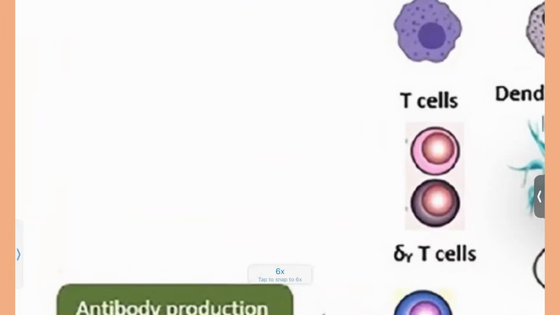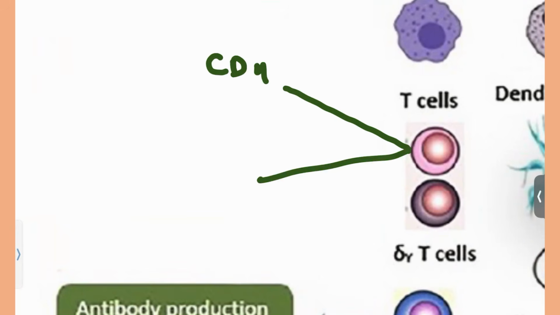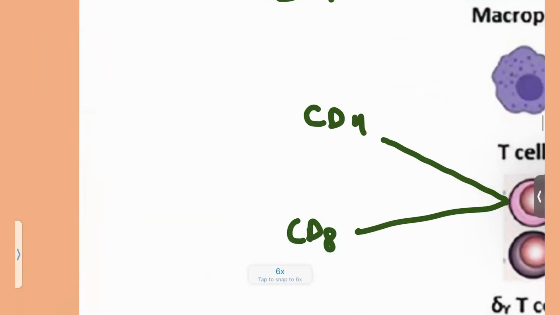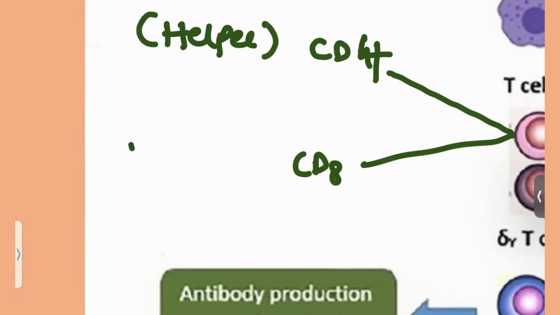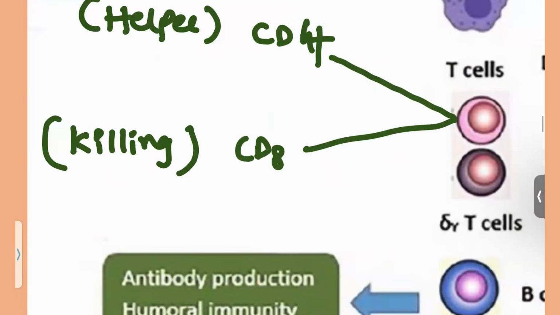T cells have CD4 and CD8. What will this CD4 cell do? These are the main helper cells, whereas CD8 cells help in the killing.